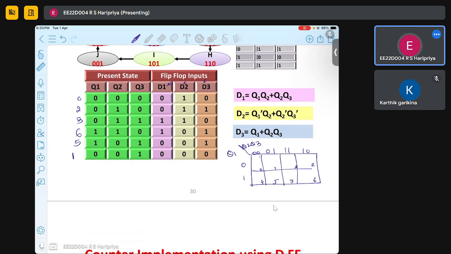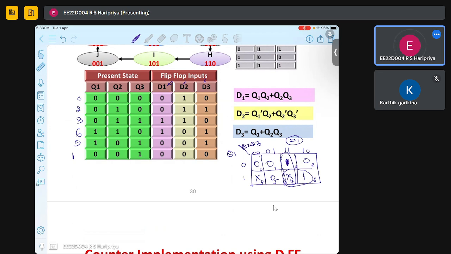Say I'm doing it for D1. For 0 it is 0. For 1 it is 0. 2 it is 0. 3 it is 1. For 4, 5, 0. 7, yes.